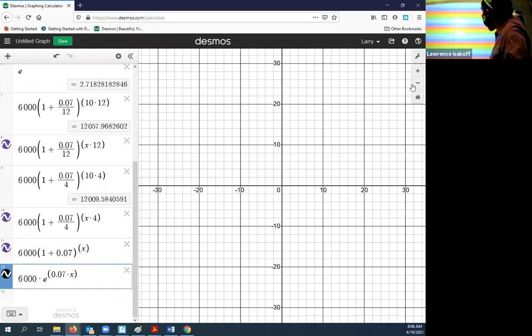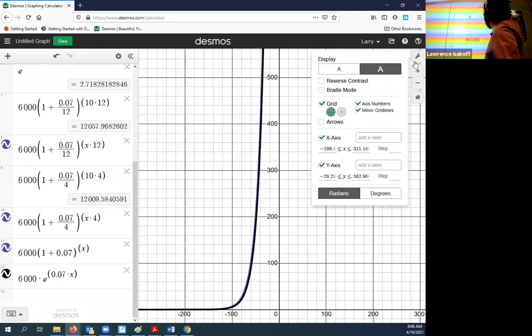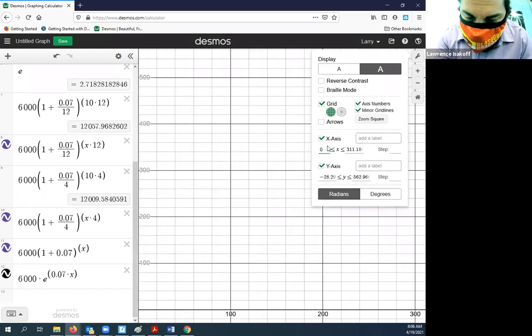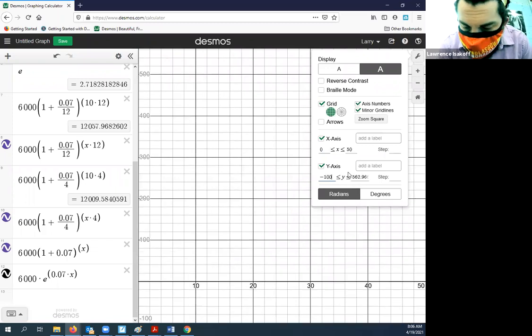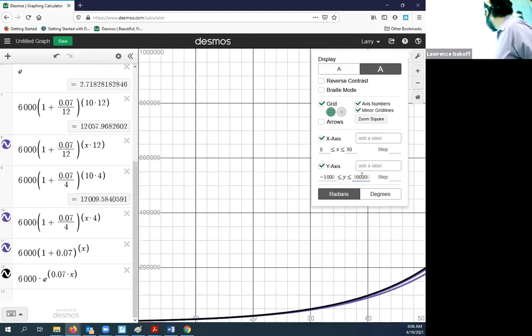I start zooming way out. Let me do it this way. X-axis, I want to go 0 to, let's just go 50 years. Y-axis can go from -1,000 to 100,000.